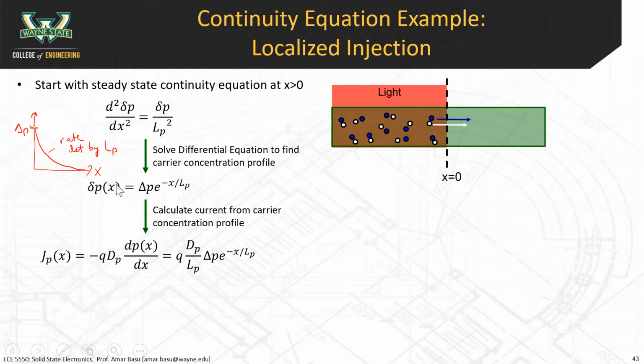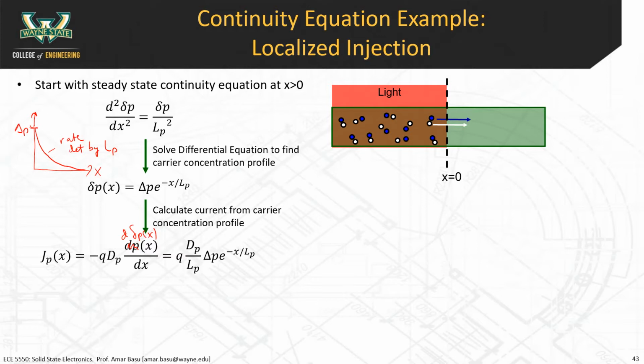So remember, this equation, delta p of x, is an exponential function. The derivative of an exponential function is an exponential function. Right? So all we're doing here is taking the derivative of this function up here. If it's not obvious, this should be d delta p of x, not dp of x.